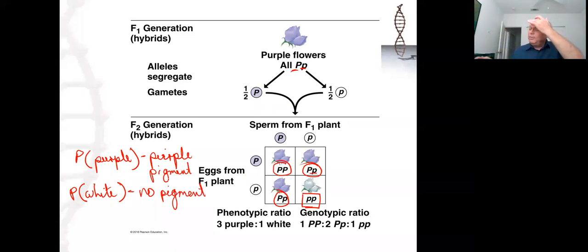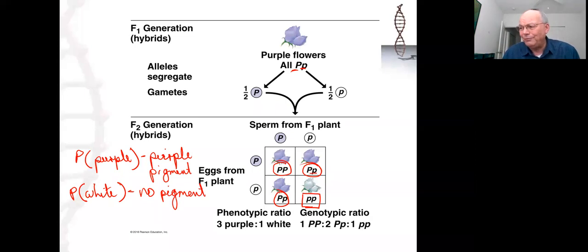So for individuals that have the big P, little p combination, the big P says make purple pigment, the little p says make no pigment. And so the only pigment that you're making is purple. And so you obviously are going to be a purple colored flower. And that's the reason why these individuals that are big P, little p, have the purple color. That's why the F1s are all purple.